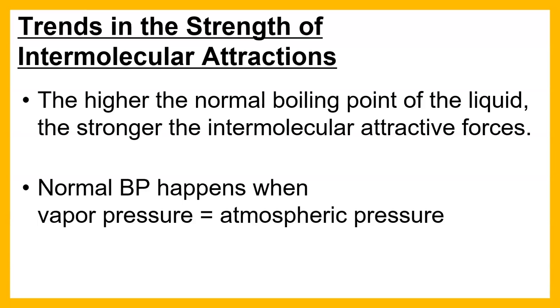Remember that the air is pushing down on the surface of your liquid. And so for something to boil, we have to get to the point where the particles coming out of the liquid have the same pressure as the air.